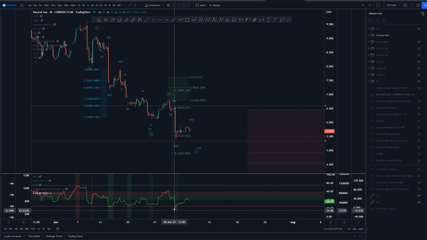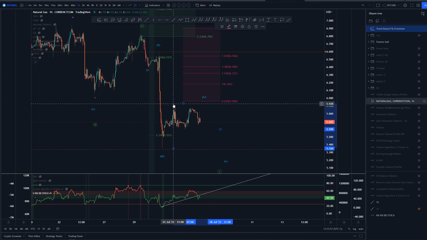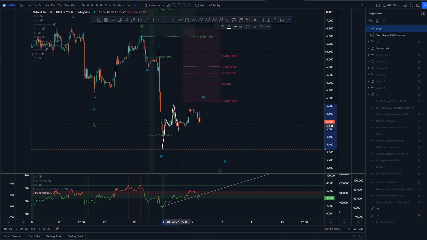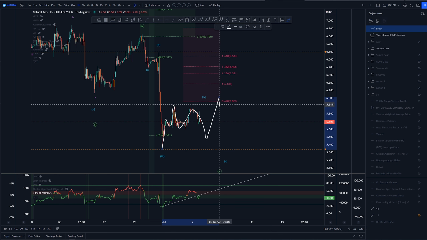I'm not even sure if wave 4 is done here, as, let's see, actually I think we did get to the 0.618, but we did not take out these previous highs. Okay, we did not even take that. So it is still possible that we have this as a three-way structure. This would be another three-wave, and then something like this.